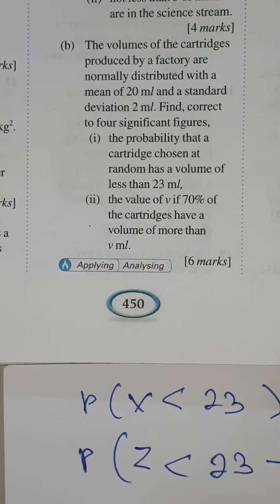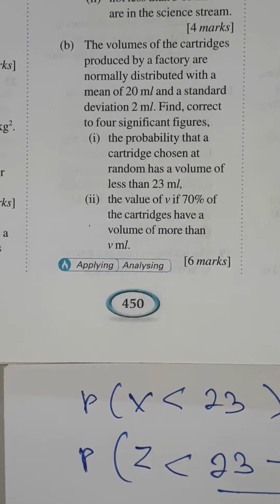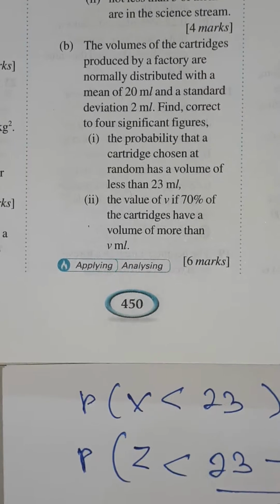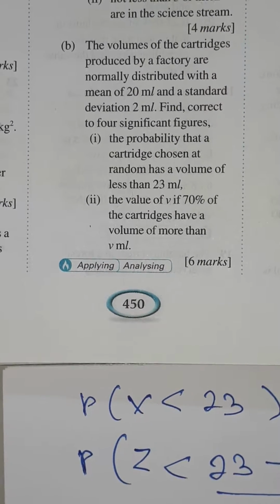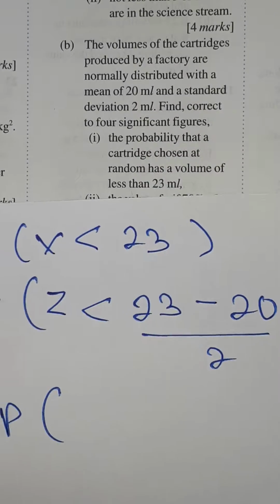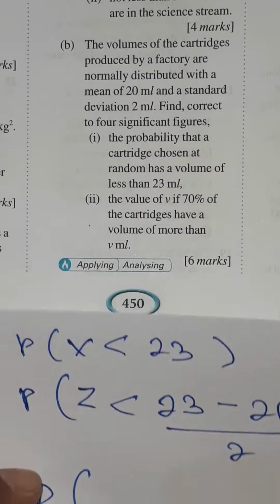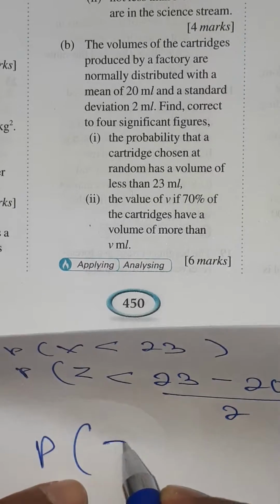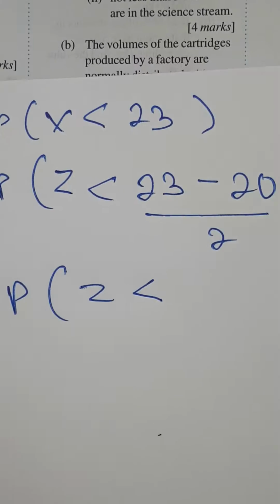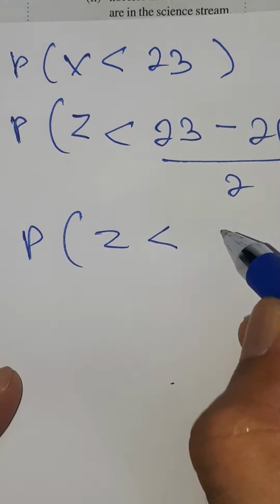So the mean is 20 over the standard deviation of 2. Then you get Z less than (23 minus 20) over 2, so the value of Z is less than 1.5. Okay, 1.5.